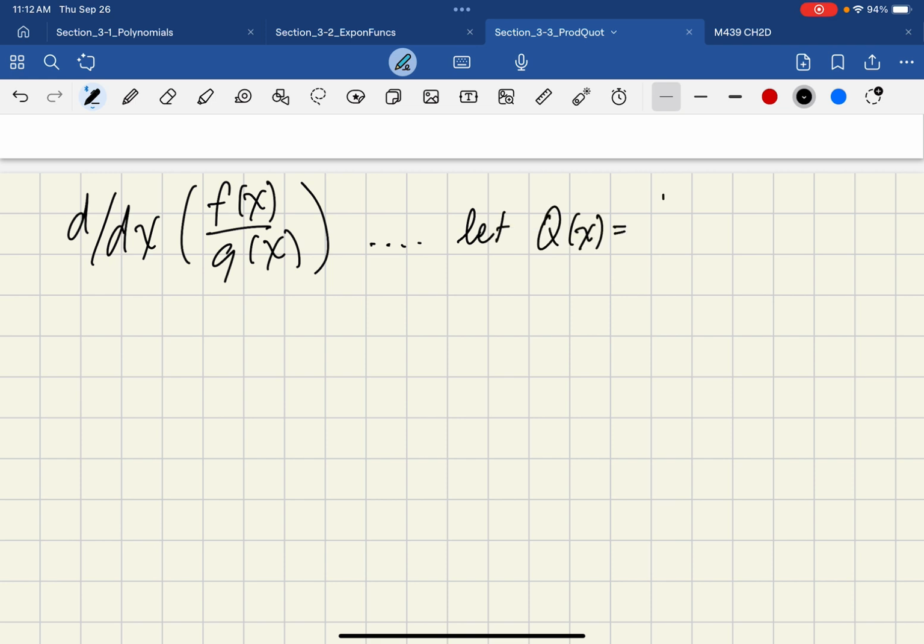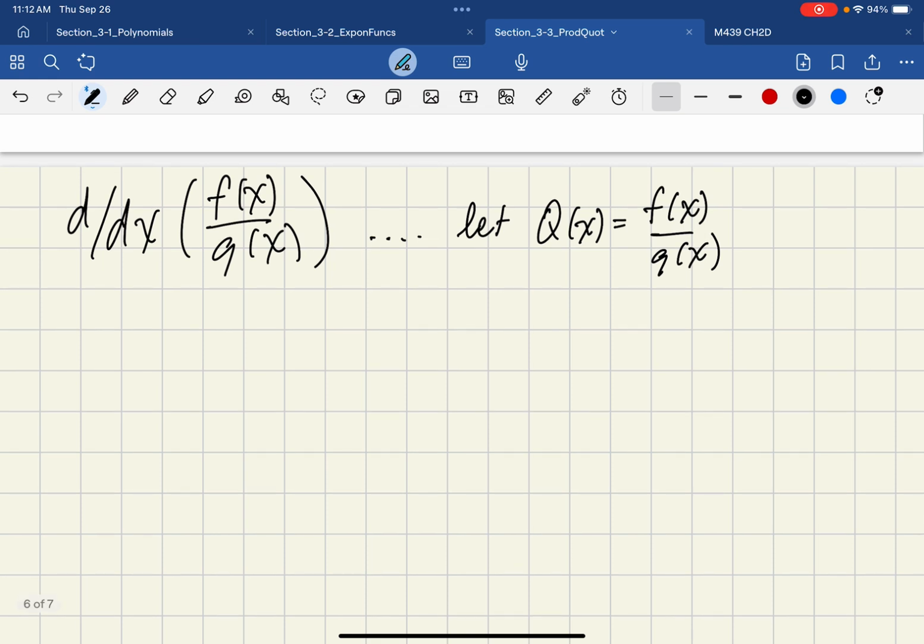So q of x will be f of x divided by g of x. Because if that's true, then we'd like to know what q prime of x is, right?